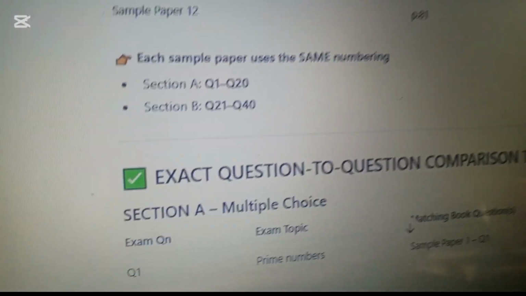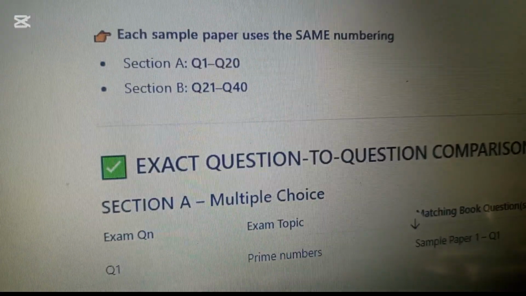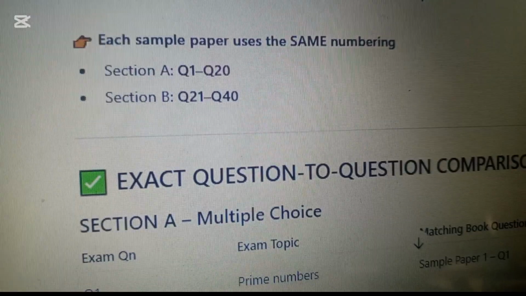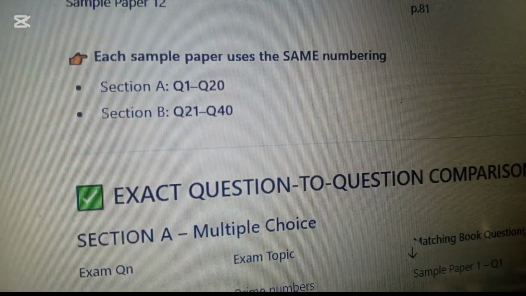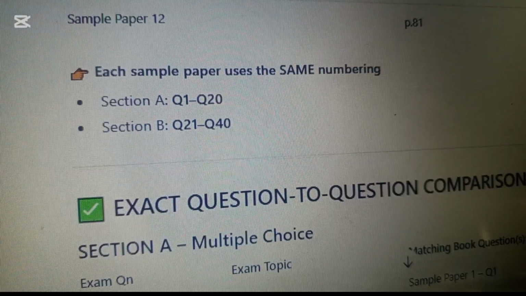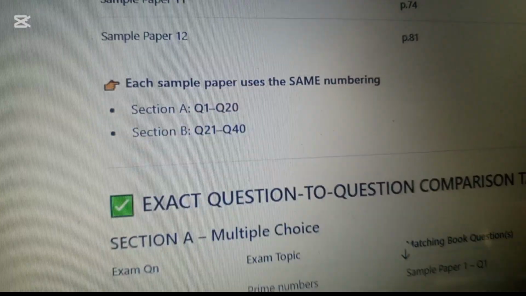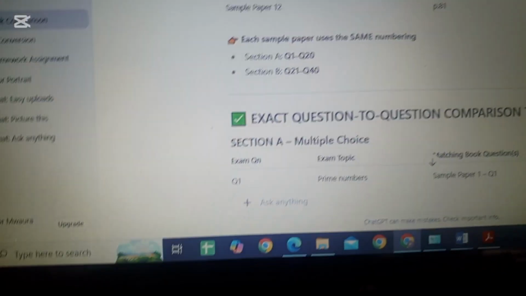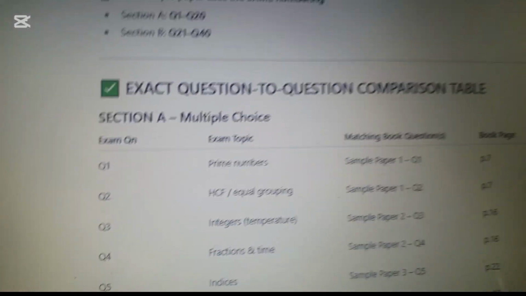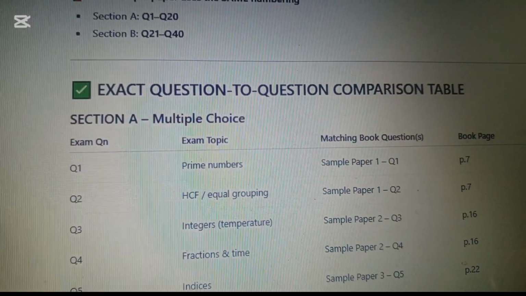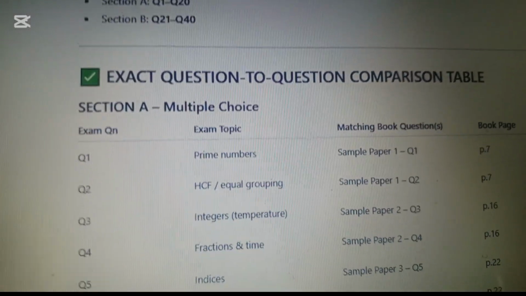Upon further prompting of AI, this is what it had to say. Each sample paper uses the same numbering: section A, question 1 to 20, section B, question 21 to question 40. Then it proceeded to say that there is an exact question to question comparison table, section A, multiple choice questions.